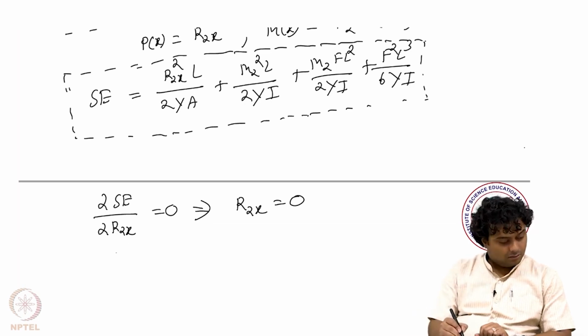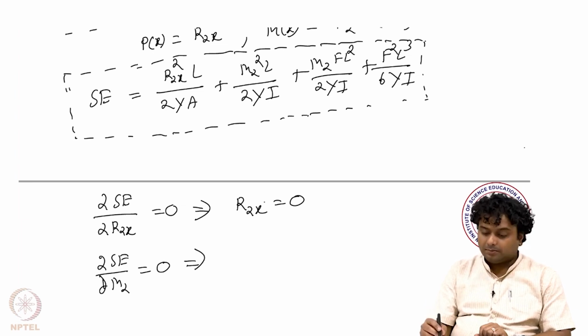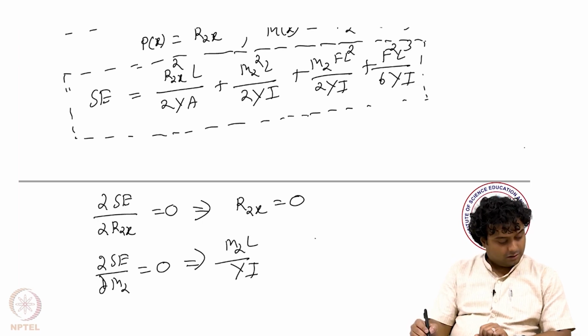Okay. Now delta SE divided by delta M2 equals 0. If we take the partial derivative with respect to M2, the first term will become 0 and the second term will give 2 M2 L by 2EI. So it is M2 L divided by EI, the 2 cancels off, right?